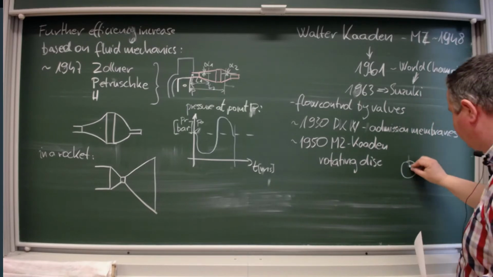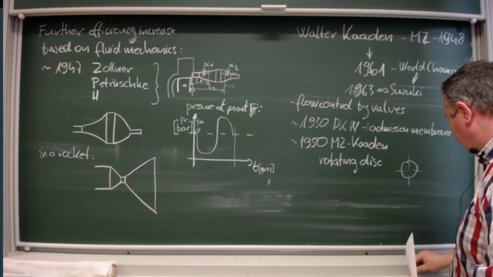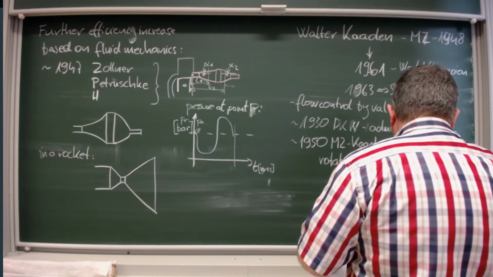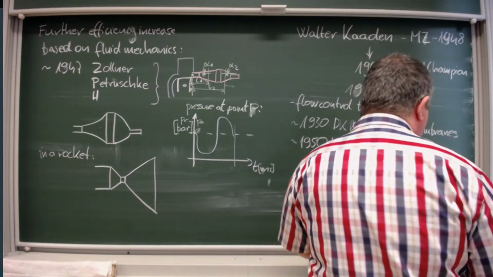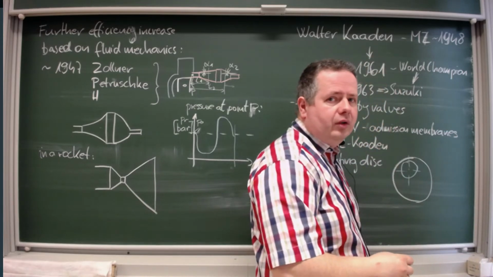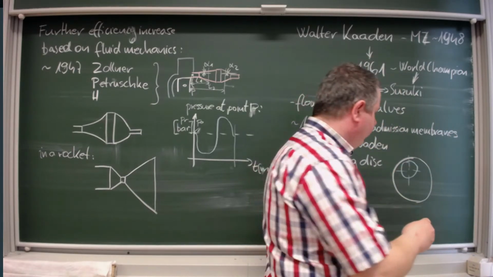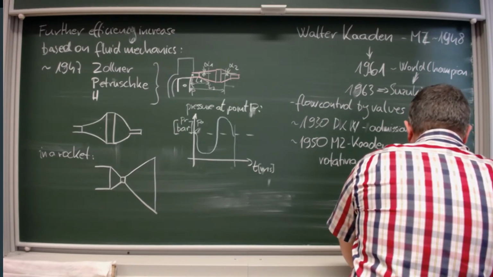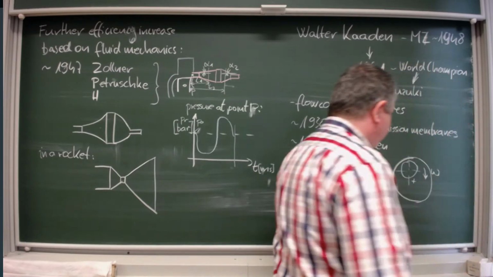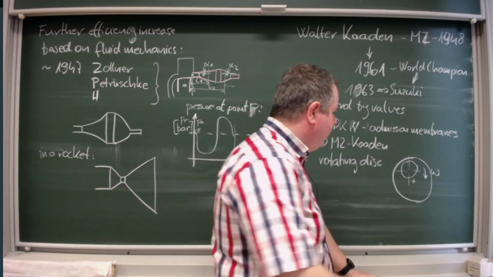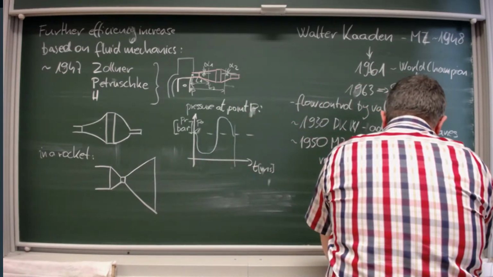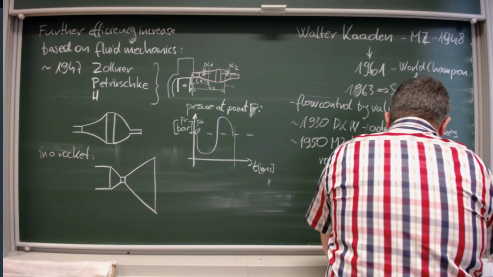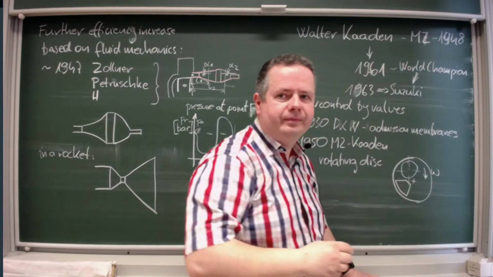This is the admission cross-section. And you get a rotating disc, with angular velocity omega, that goes through the admission canal. And you get a window in this disc.